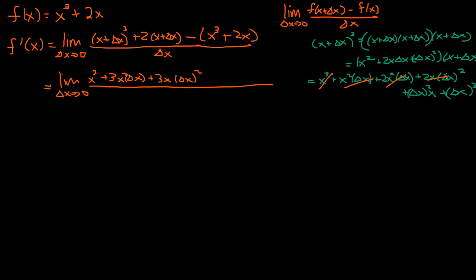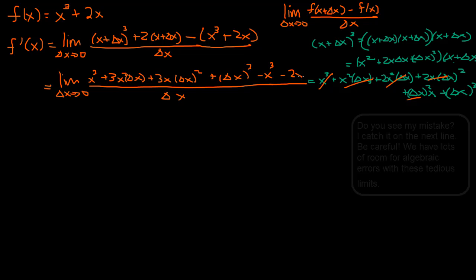That takes care of that one, and then plus delta x cubed. Whew. Okay, I think that's right. Oh no, that's not right, because I have to subtract off minus x cubed minus 2x.